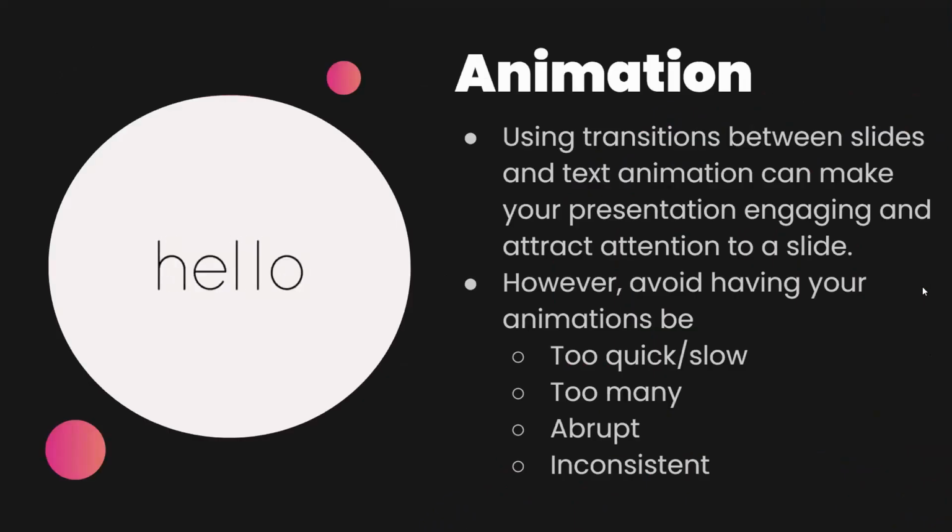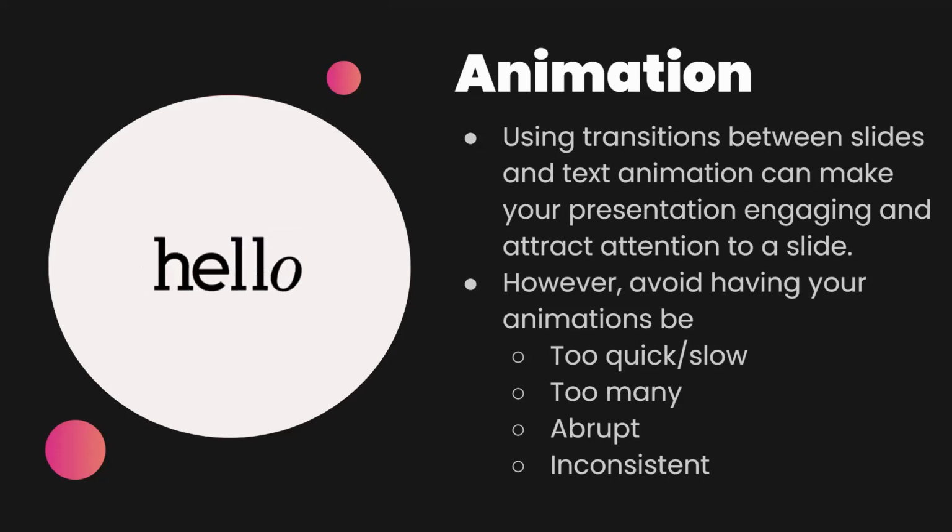Animation. This is something more optional. Not everybody uses animation in their PowerPoints, but it's a great way to make your PowerPoints more lively and attract attention. And this is also great if you want to draw attention to something specific in your slide. But of course, you don't want your animations to be really quick or really slow, or to have multiple animations. You don't want to be animating every single character in your slide.